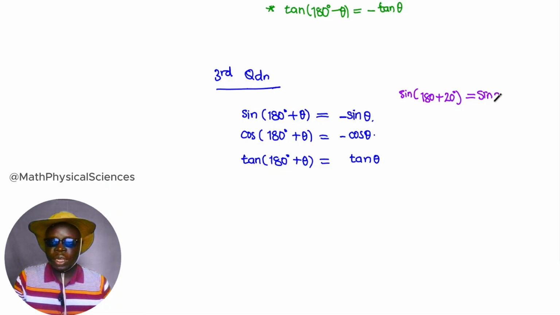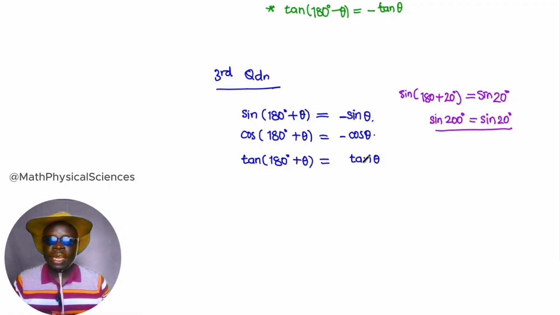Now when you place there 20, then you reduce down this, because 180 plus 20 are numbers that can be added together. We shall get sine of 200 degrees. So from a calculator, if you enter sine of 200, you should be able to get the same as sine of also 20. The result will be the same.